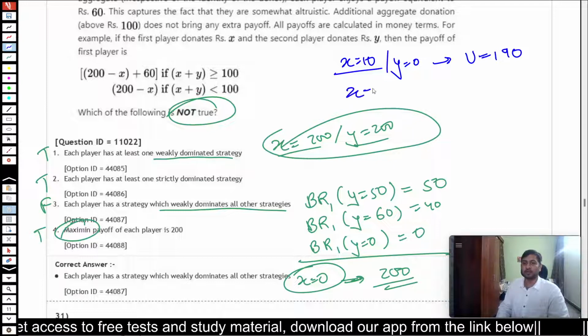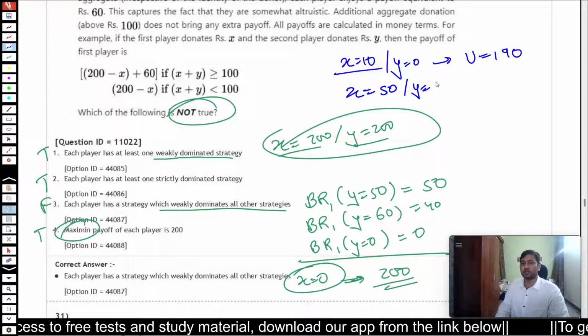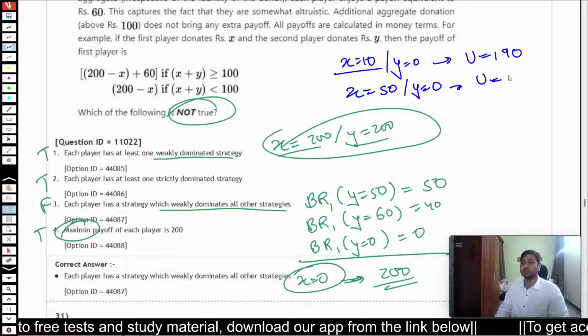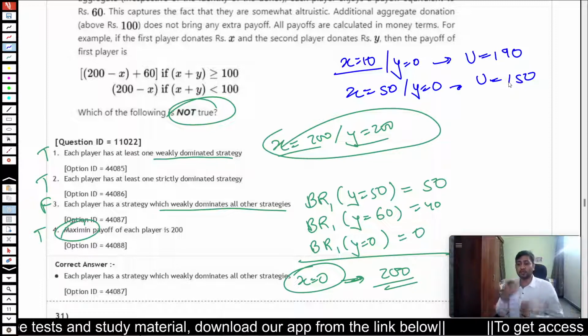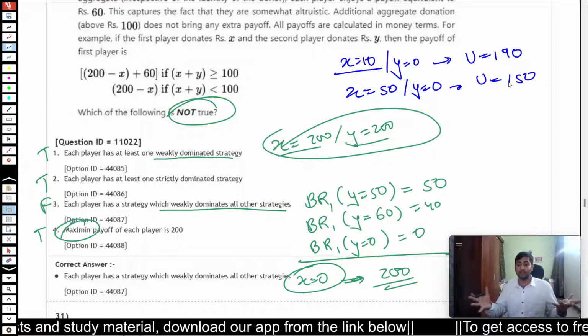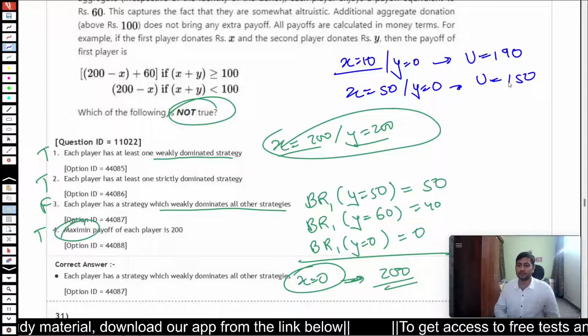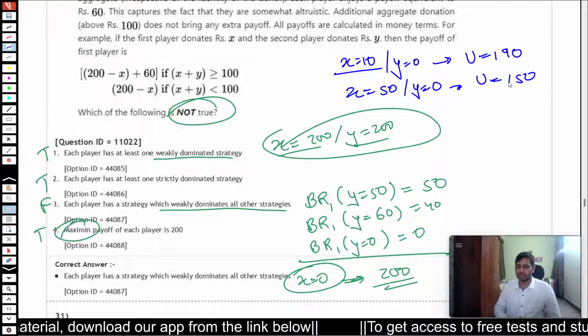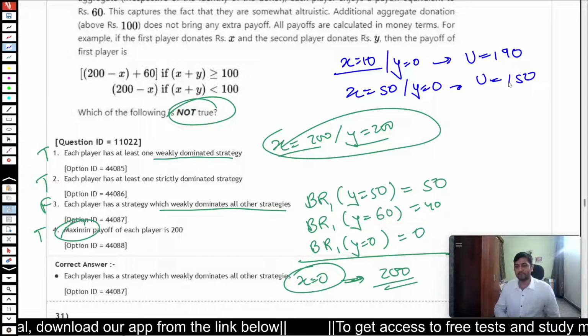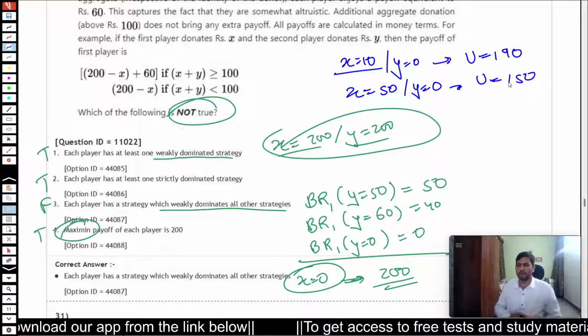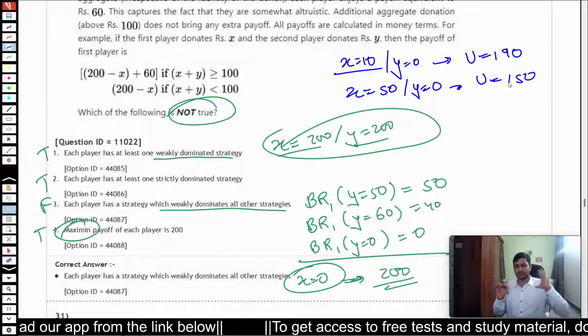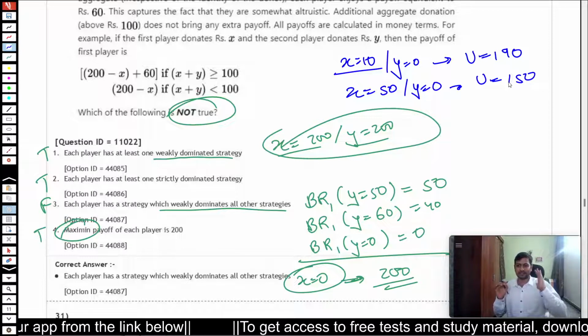Suppose you donate 50 rupees and the other guy donates 0, your utility is just 150. तुमने 50 rupees donate कर दिया, the project doesn't happen, so you are left with just 150 rupees, so your utility is reducing. So the maximin thing here is you donate nothing, so that the worst case possible is maximized.